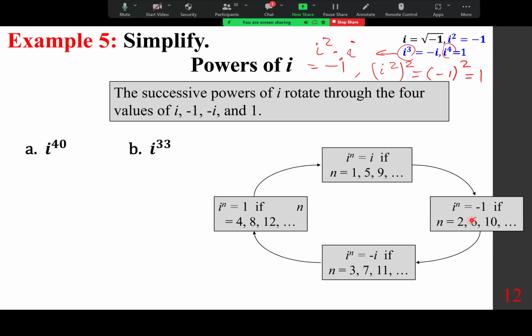I'm not going to go with that. Instead of memorizing this, I'm going to show you an easier way to do that. All you have to do is divide this exponent by number 4.